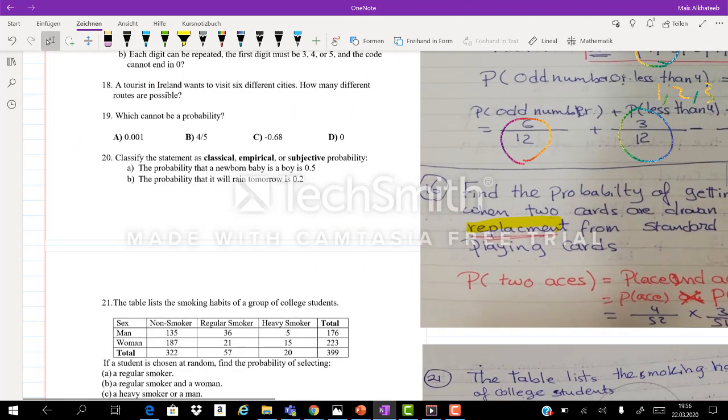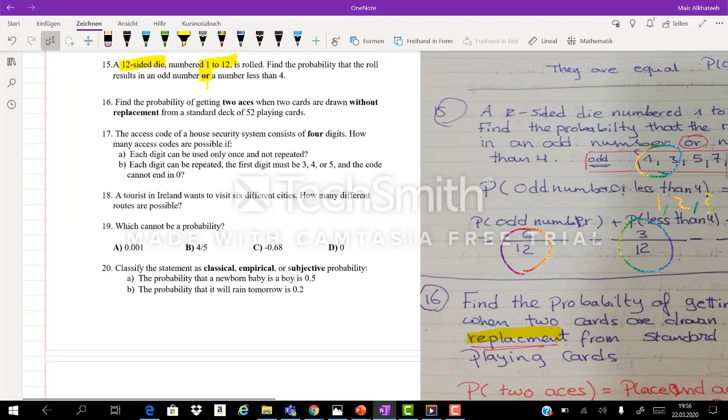Now what about number 17? The access code of a house security system consists of 4 digits. How many access codes are possible if each digit can be used only once and not repeated?